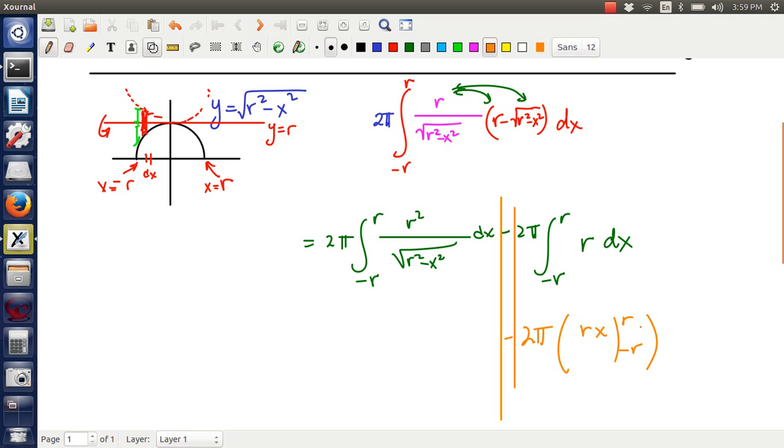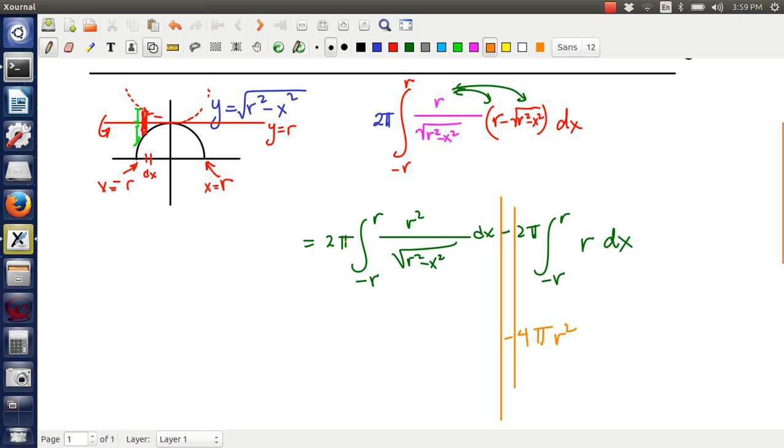So it's going to be r squared minus a negative r squared, so 2r squared. So there's just going to be a 2r squared there. So this 2 turns into a 4. Okay, so that's pretty straightforward.